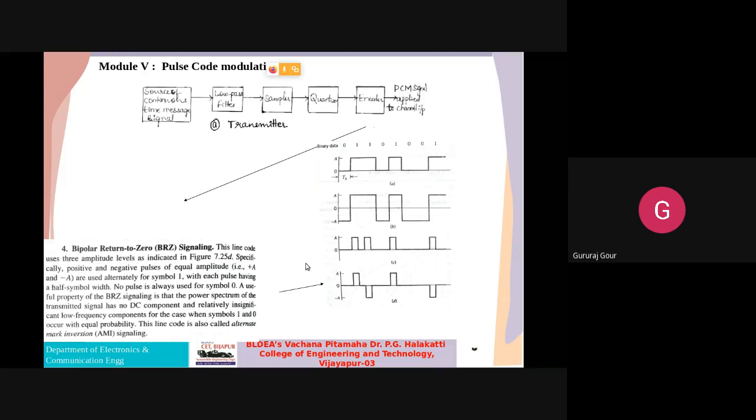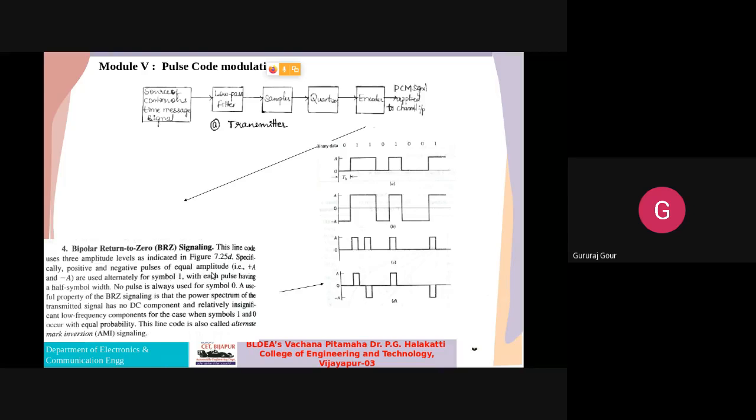So like that, 4 techniques, 2 with respect to NRZ and 2 with respect to RZ.